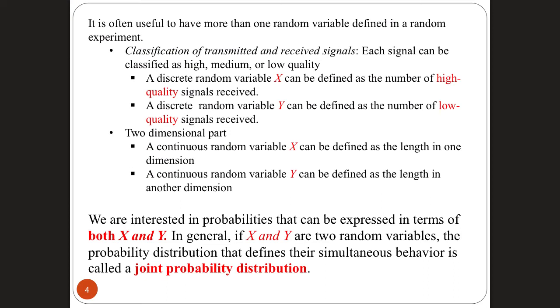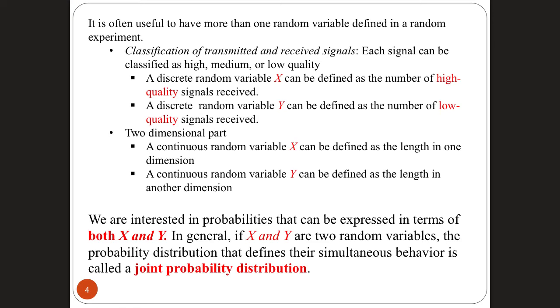So let's start. What do we mean by joint probability distribution? This slide is meant to give you a quick introduction. What do we mean by this concept? First of all, why do we need this? It happens a lot that we have to deal with more than one random quantity.